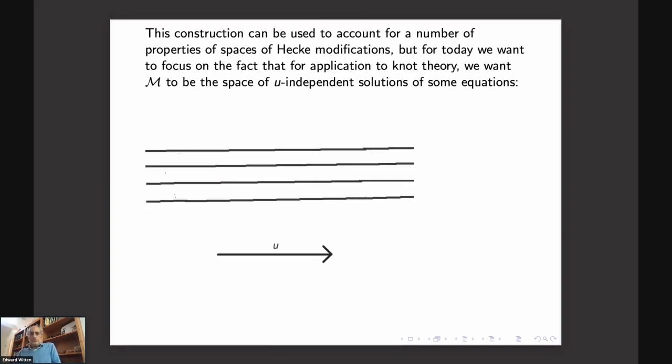So you can use this construction to explain various properties of spaces of Hecke modifications. But for today, we want to focus on the fact that for the application to knot theory, we want M to be the space of U-independent solutions of some equations.